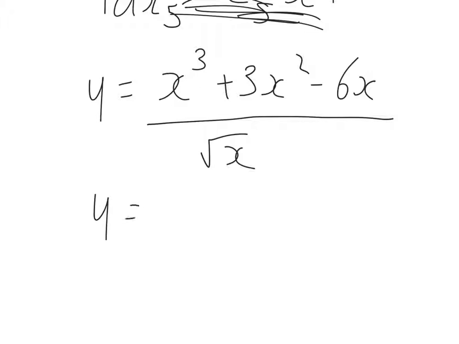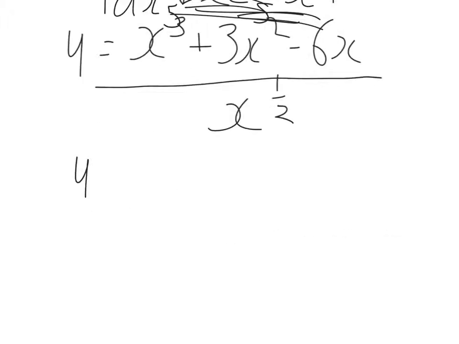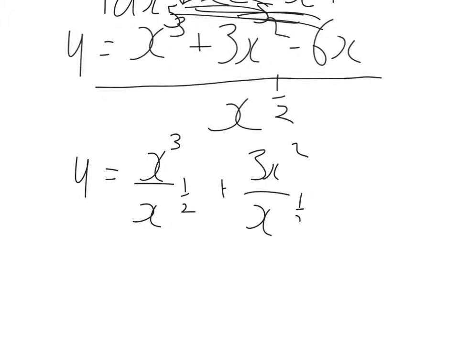Okay, so first prepare to differentiate. x cubed plus 3x squared minus 6x, and let's change that root x to x to the half, and let's split this into 3 separate fractions, and that will be y equals x cubed over x to the half plus 3x squared over x to the half minus 6x over x to the half.